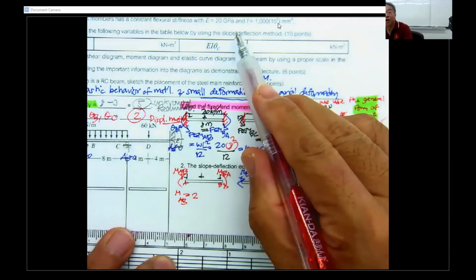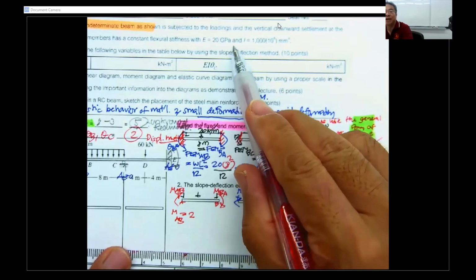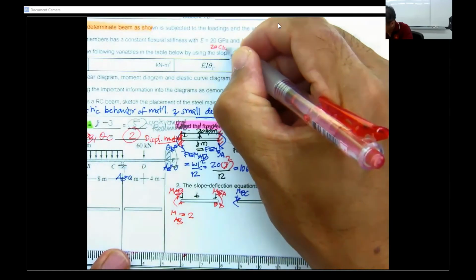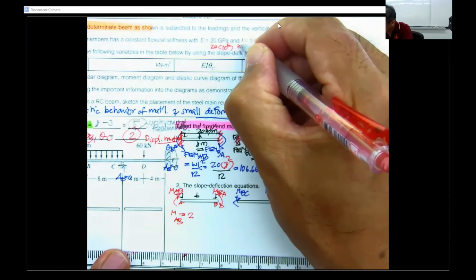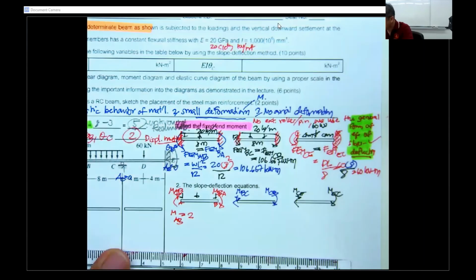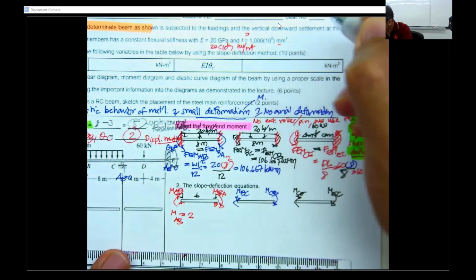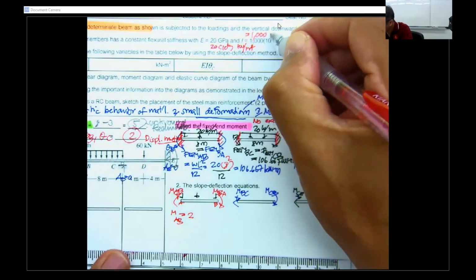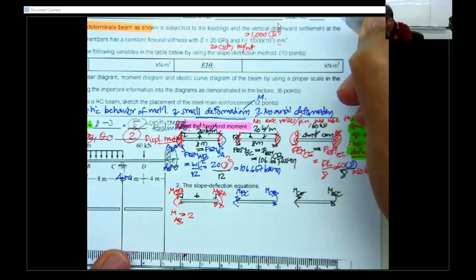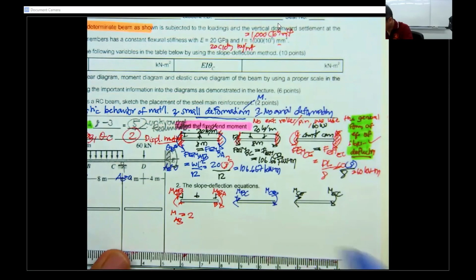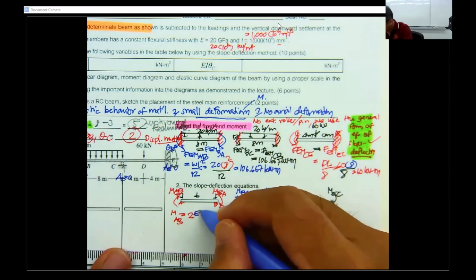And EI is constant. E is going to be 20 times 10 to the minus 6 kilonewton per square meter. And since we use meter, this one is going to be 10 times 10 to the minus 6 meter to the fourth, and we're going to use 2EI.